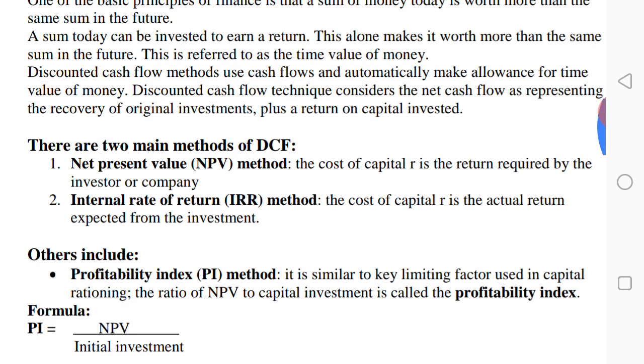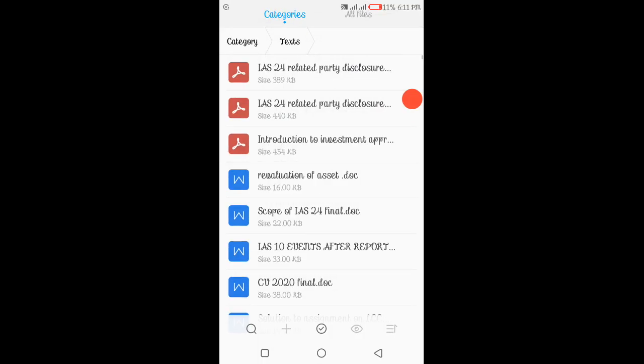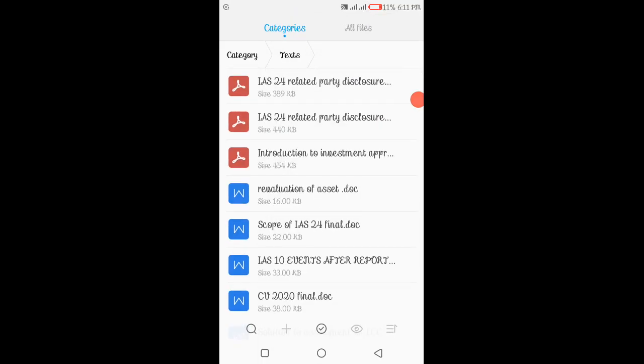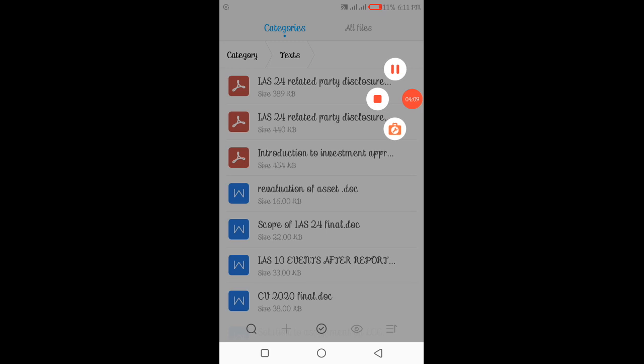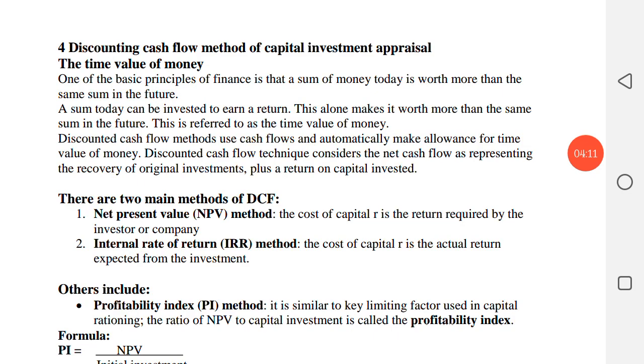Discounted cash flow techniques consider the net cash flows as representing the recovery of the original investment plus a return on capital invested.